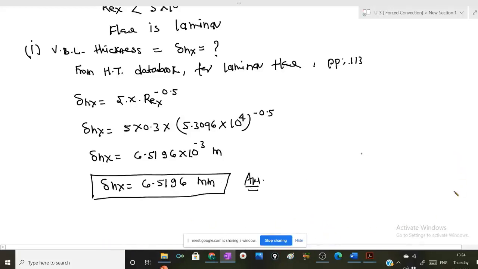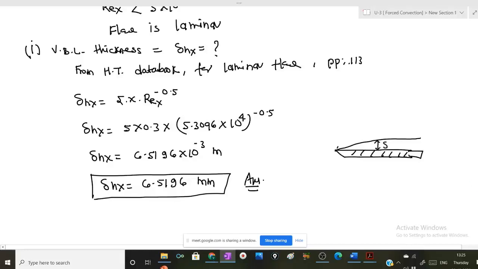What this value is: we have studied that when a fluid with velocity u infinity flows over a stationary flat plate, a velocity gradient exists, and the locus of all such boundary layer thicknesses is called the velocity boundary layer.